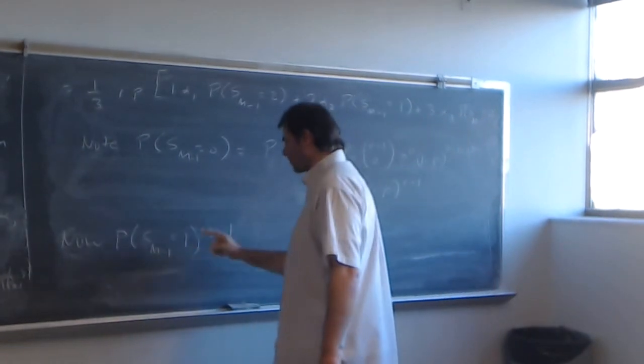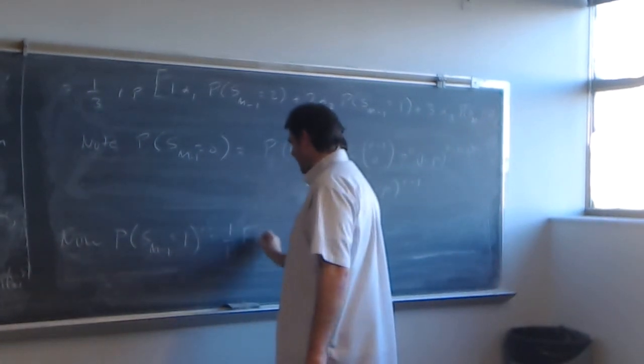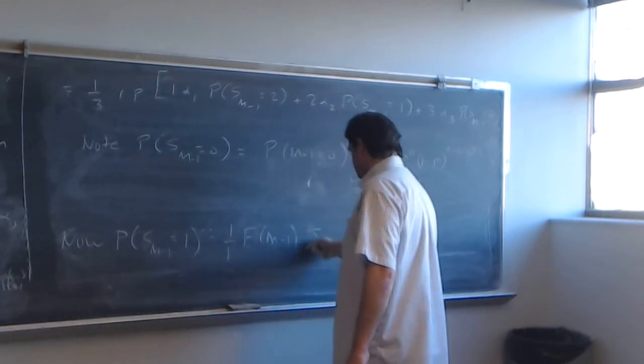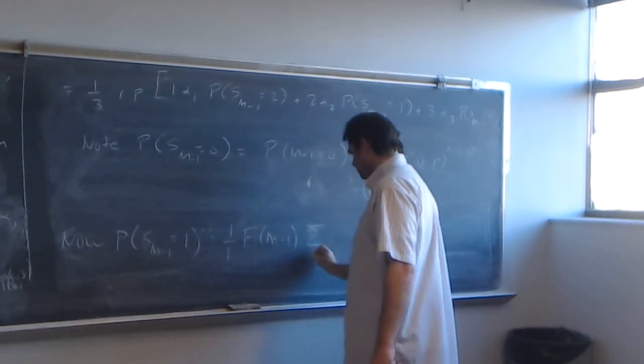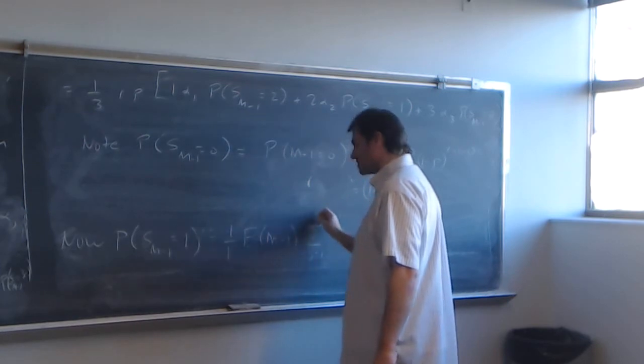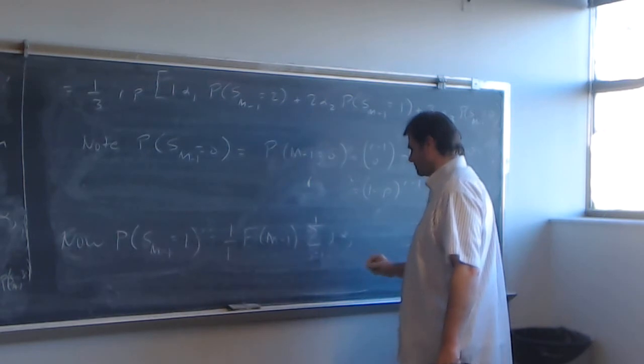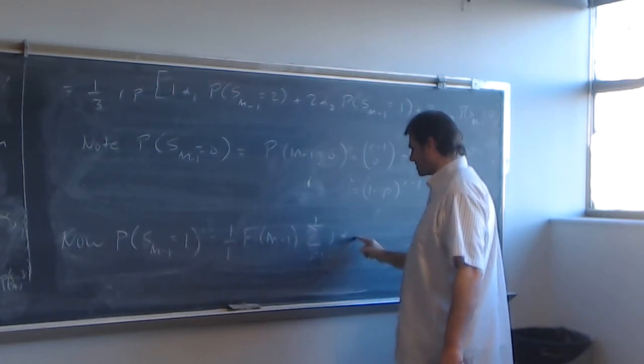So this is 1 over k, that's 1. The expected value of m minus 1 times the sum, as j runs from 1 to 1, so only one thing here, of j alpha sub j, and then what is this?